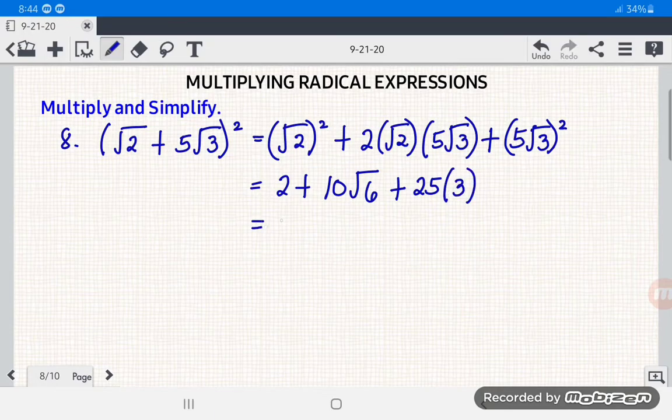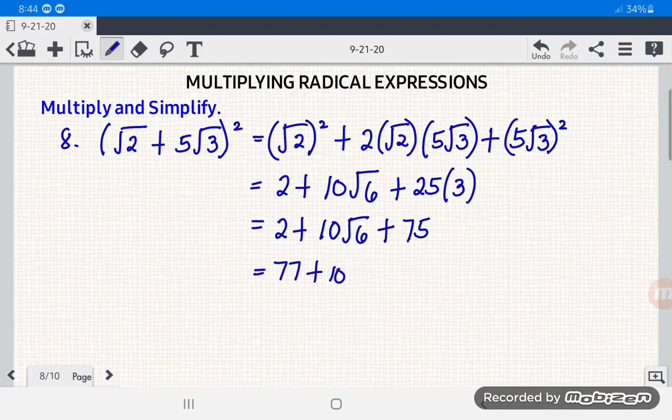Then we have now 2 plus 10 square root of 6 plus 25 times 3, we have 75. Then let us now combine similar terms. We have 2 plus 75, so we have 77 plus 10 square root of 6. So that is number 8 answer.